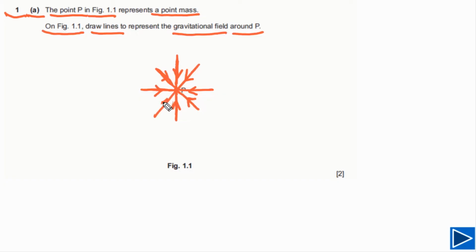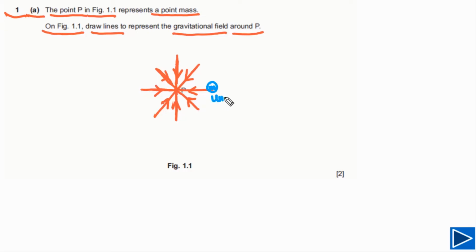Now the question is why these lines are pointing towards the point mass. One reason you can say gravitational force is always attractive. The second way to explain this one is if we place a unit mass, let's say at this point. So this one is our unit mass and this is the point mass.